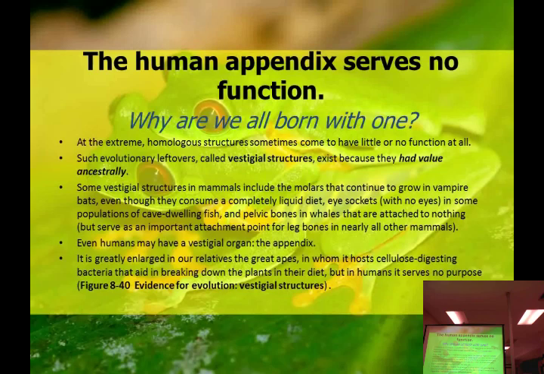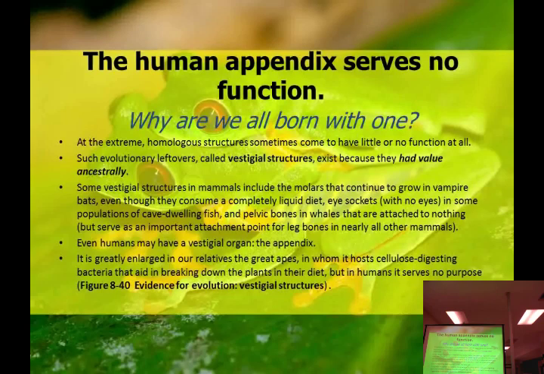So a human appendix is a homologous structure that has no function. So evolutionarily, back maybe hundreds of thousands of years ago, it may have served some purpose. If you think about the great apes, like the chimpanzees or the gorillas, they use the appendix because the primary thing that they eat is plants.